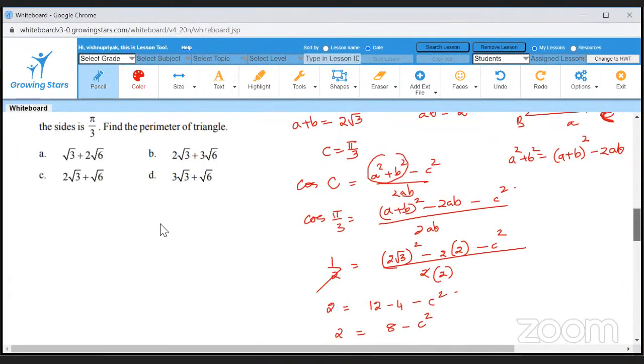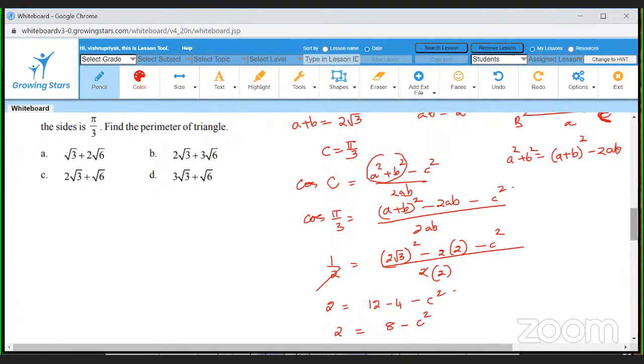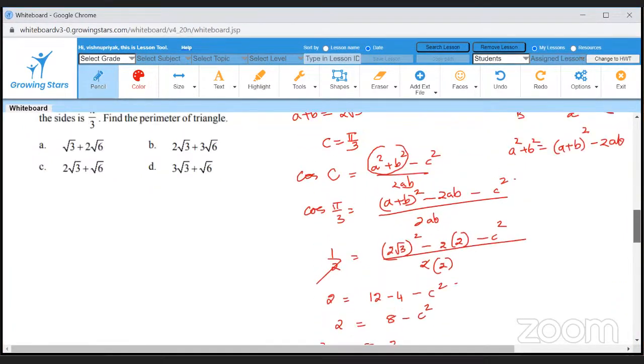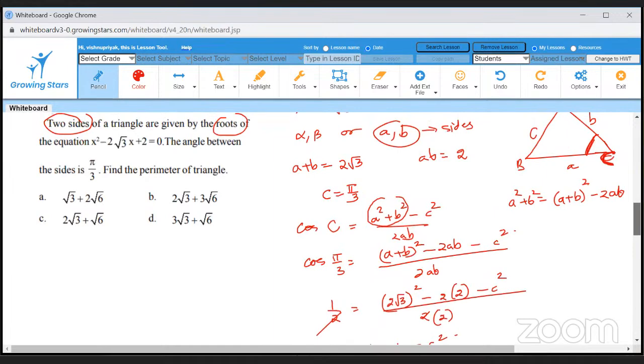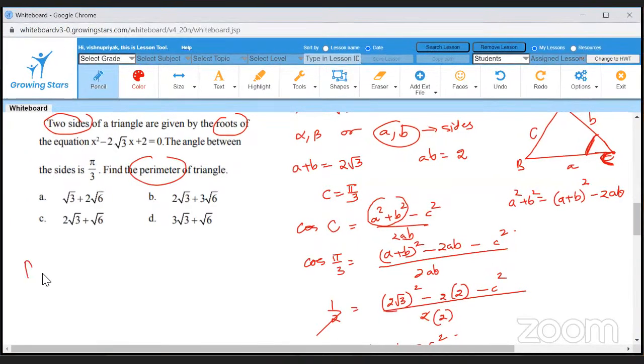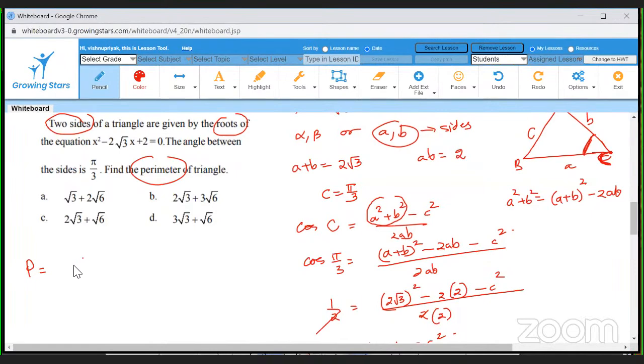Now, you know A plus B and C, but do you know AB? Exactly, you don't know AB. But when they're asking perimeter, perimeter is what? Semi-perimeter, you know, is (A plus B plus C) by 2.